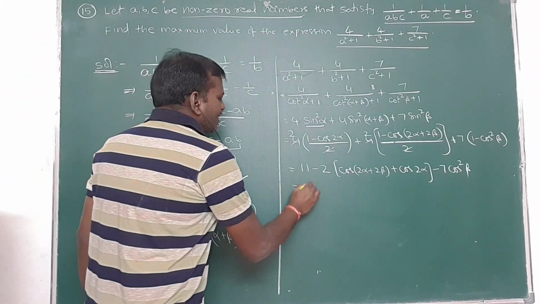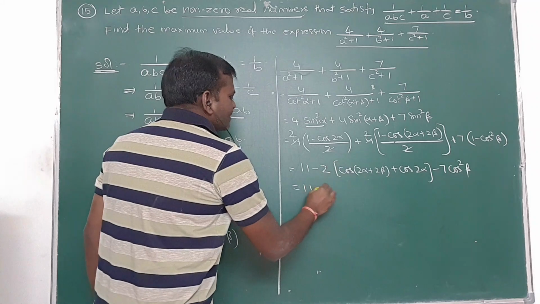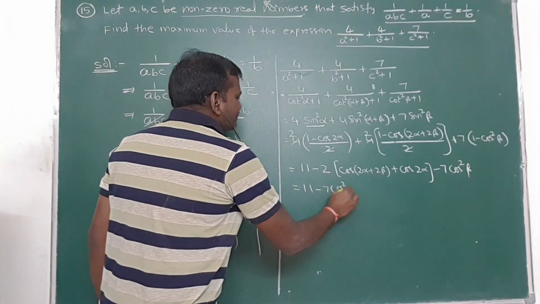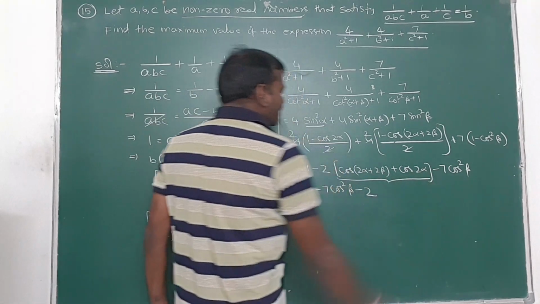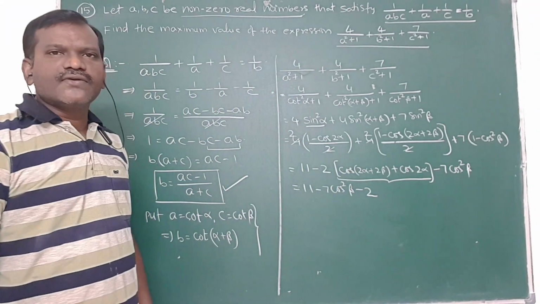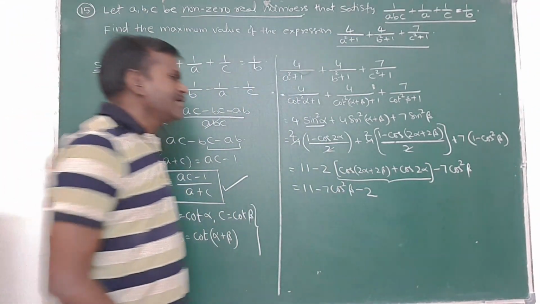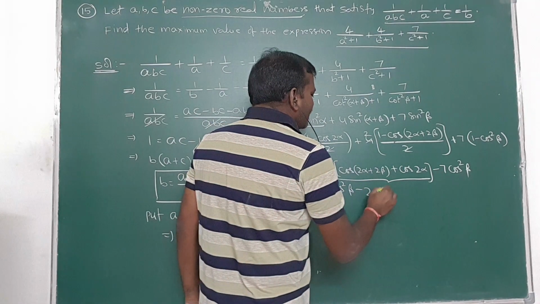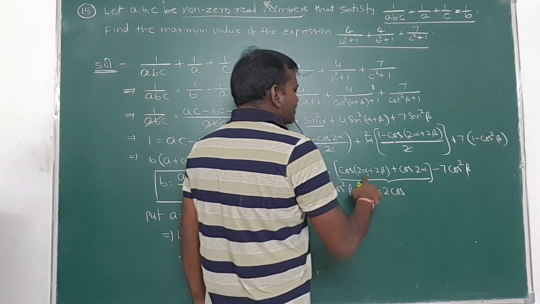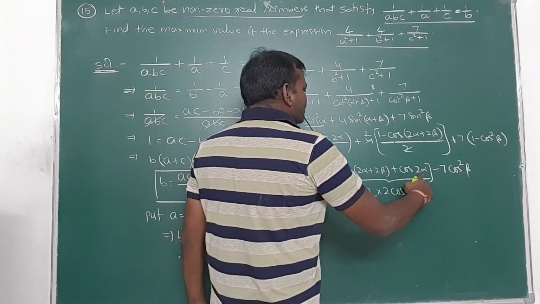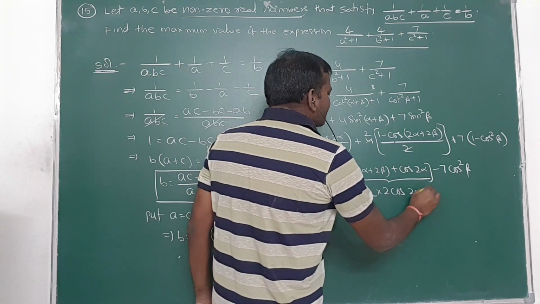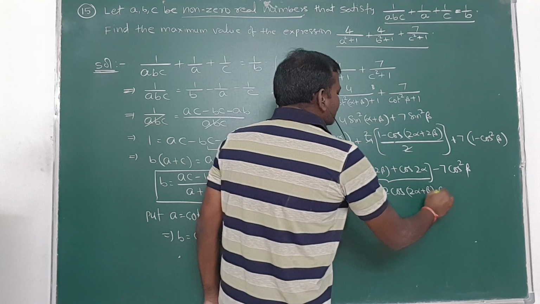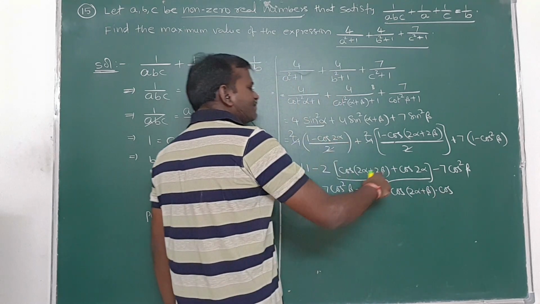So then 11 minus 7 cos square beta minus 2 into this part. Cos c plus cos d is 2 cos of c plus d by 2 into cos of c minus d by 2. If I apply that formula to cos 2 alpha plus 2 beta plus cos 2 alpha, I get 4 alpha plus 2 beta by 2, that is 2 alpha plus beta, into cos of alpha minus beta by 2.